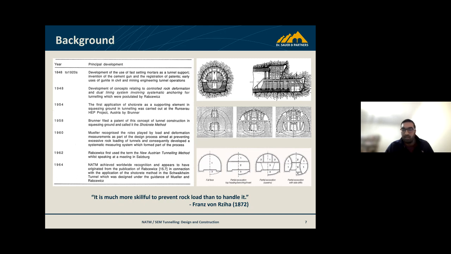There is some debate as to who might have introduced it first, and different countries always claim different things, but basically it's been around a long time in Europe, and maybe not so much in North America, but is becoming more prevalent as our environments become more and more urban. We need to look at solutions which disrupt the surface less, and things like SEM and NATM are essentially the solutions that can be used.